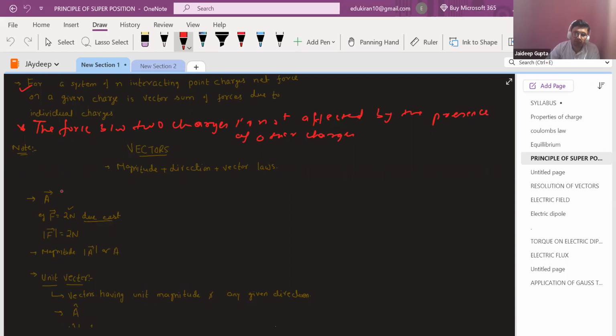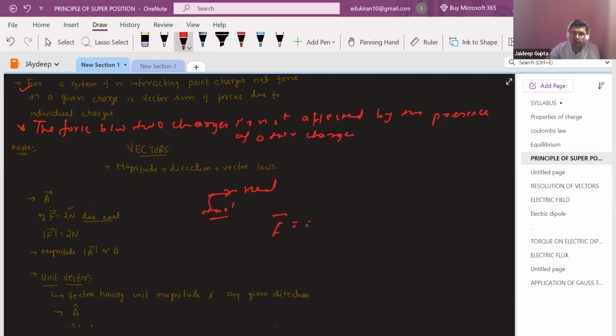A is denoted by A vector. This is known as head and this is known as tail. Force F equals 2 Newton due east means the force is acting towards the east and its magnitude is 2 Newton.